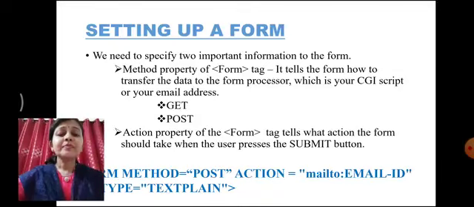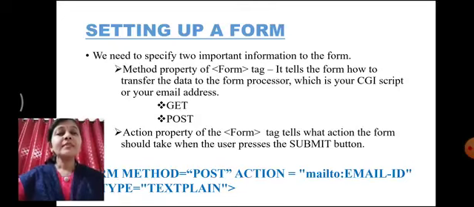And if no method property is given in the form tag, the default is set to get. Next, the action property. The action property of the form tag tells what action the form should take when the user presses the submit button.